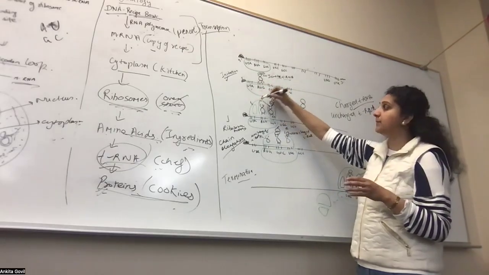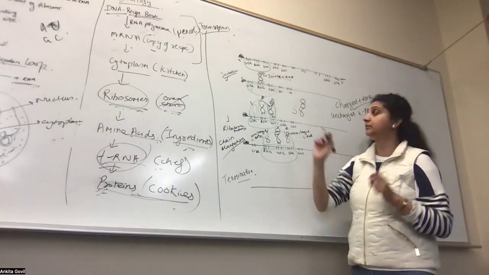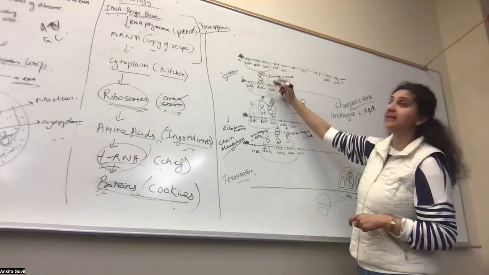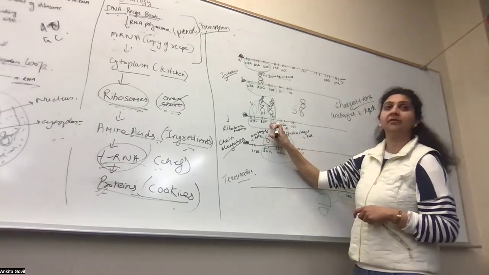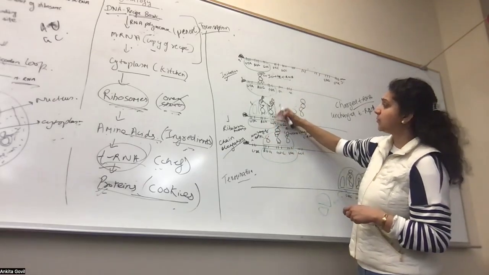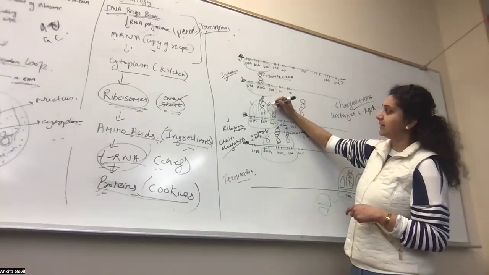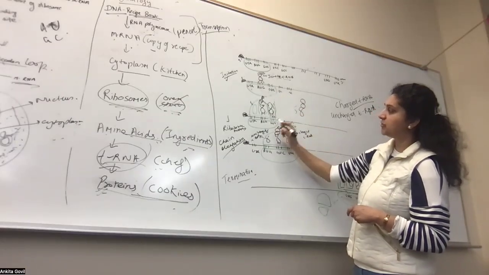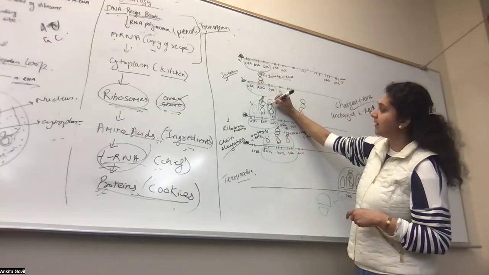When the larger subunit binds, there are three sites, E, P, and A. Now on the P site, we already had this methionine over here, right? Now at this site, another tRNA comes, which has an anticodon for GUC. It brings another amino acid.